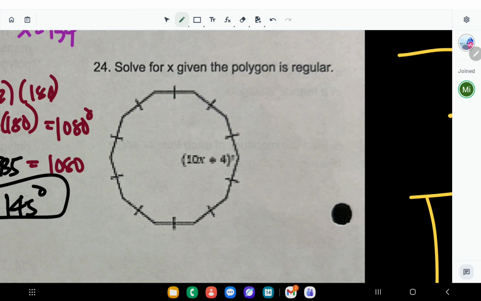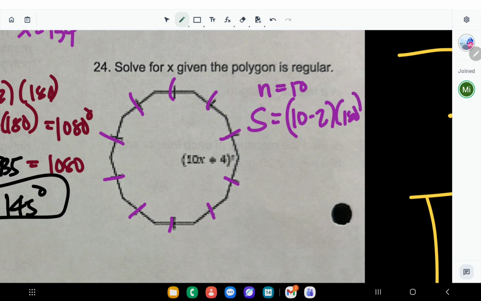Okay, and then we move on to number 24. Solve for x given the polygon is regular. So how many sides do we have here? 1, 2, 3, 4, 5, 6, 7, 8, 9, 10. N is equal to 10. Solve for x. So this is a regular polygon. We need to find the sum first. So n minus 2, sum is 180 times 8.